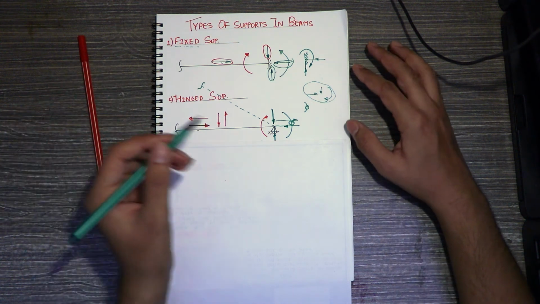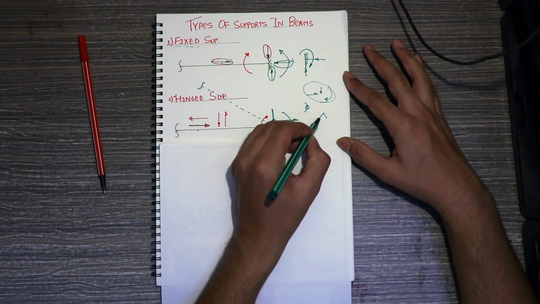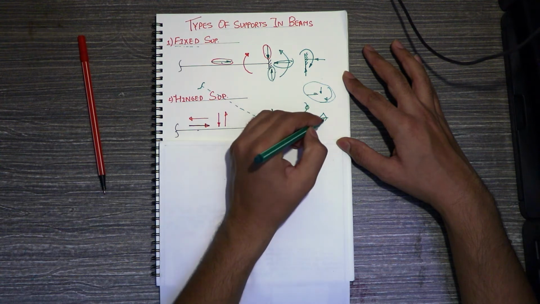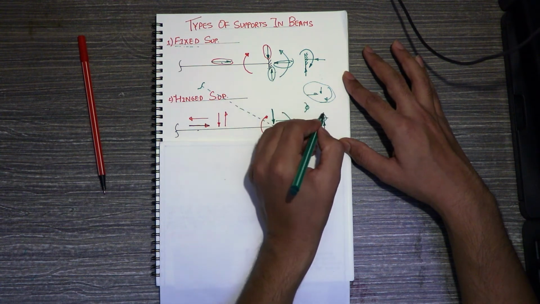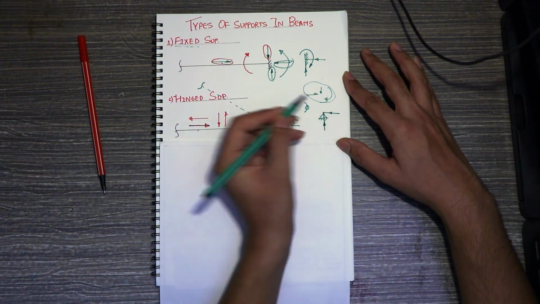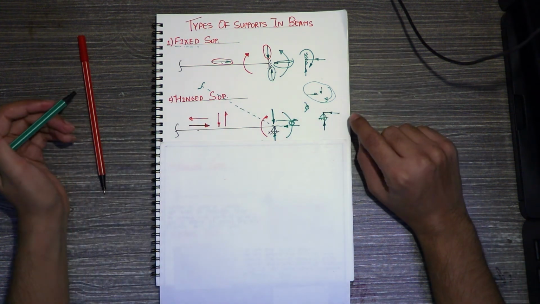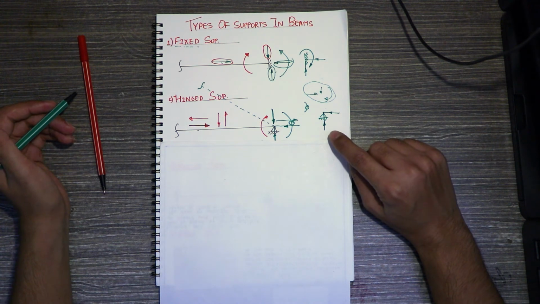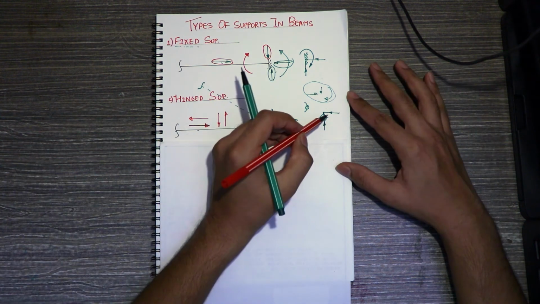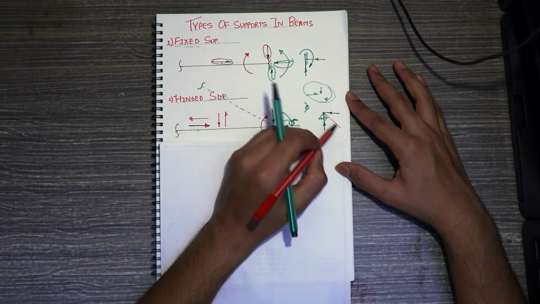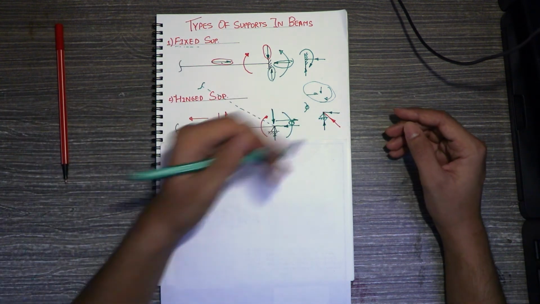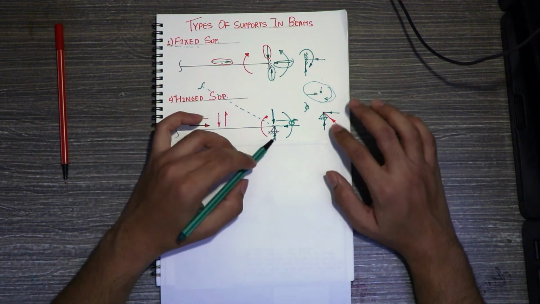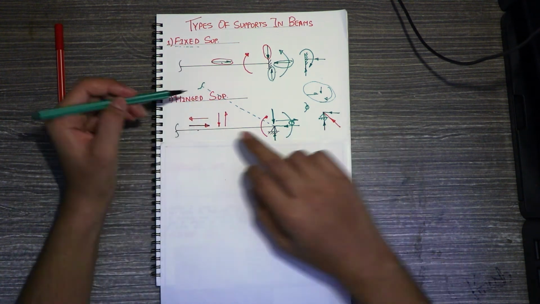So in a nutshell, if there is a hinge, then there are two reactions bound to be generated if the forces are applied. One will be in the horizontal axis, one will be in the vertical axis. Again you can calculate the resultant of the two forces, but that is obvious. So there will be no moment generated in a hinge.